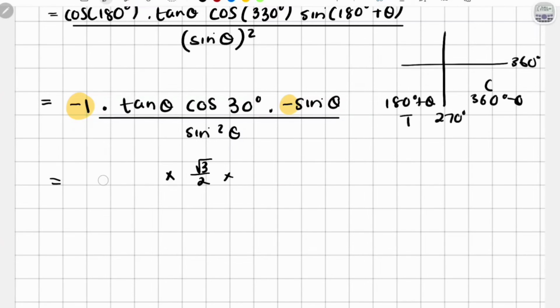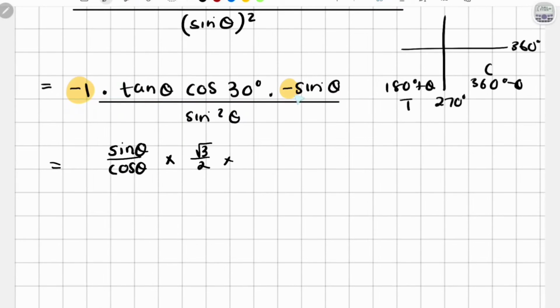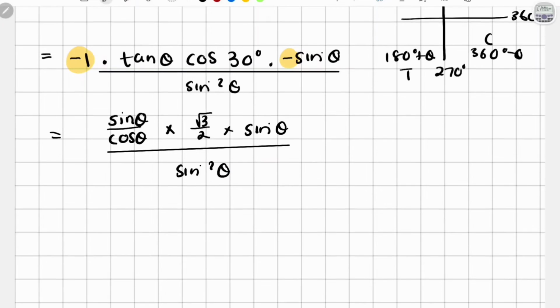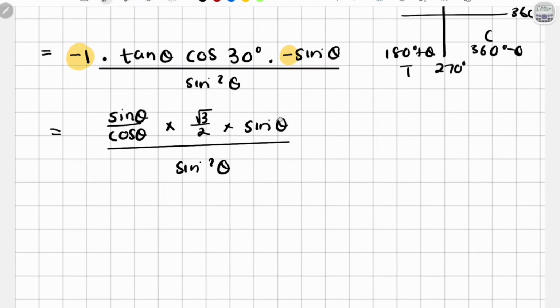So from here, I'm already going to change tan theta into its trig identity. Tan theta is equal to sine theta over cos theta. And then we still have that sine theta over there. And then this is being divided by sine squared of theta. Can already see how this is going to work out. We can see the sine theta, because these are fractions, as sine theta over 1.